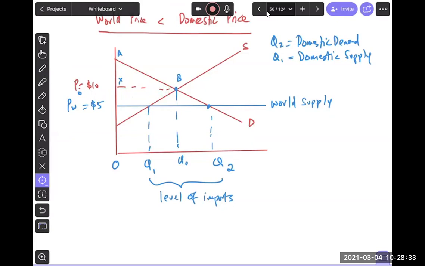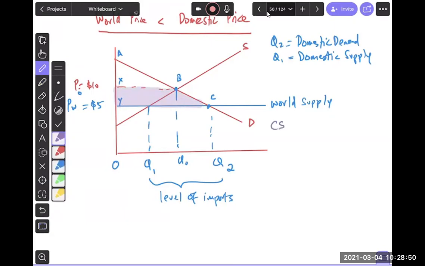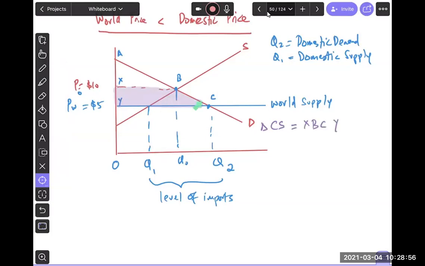The answer will be A, C, Y, which means all this is the gain in consumer surplus. So the change in consumer surplus is equal to XBCY. Consumers are benefiting because the price has gone down. So consumer surplus has gone up. It's a great situation for consumers.